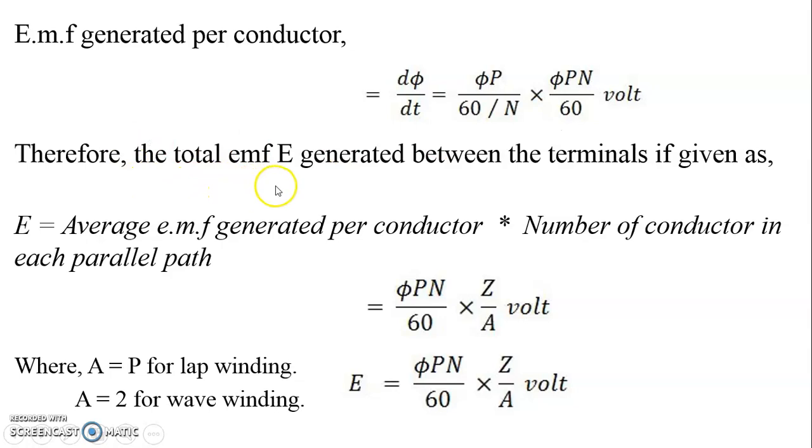Therefore the total EMF E generated between the terminals is given as E equals average EMF generated per conductor into number of conductors in each parallel path, that is phi P N by 60 into Z by A. So number of conductors in each parallel path is Z by A. So here A equals P for lap winding, A equals 2 for wave winding.